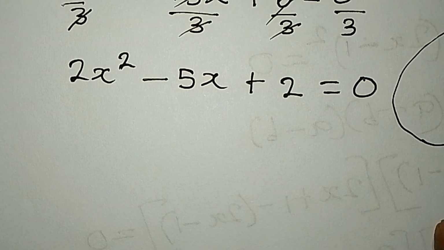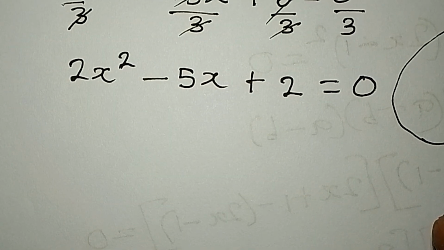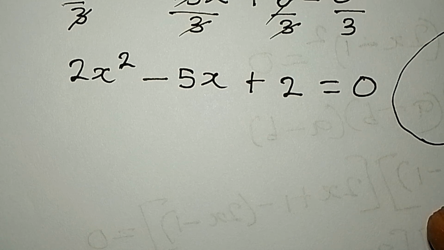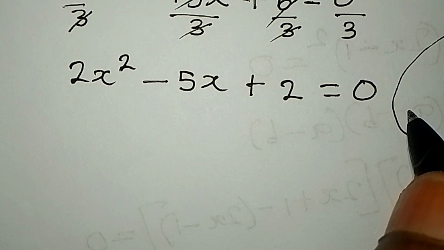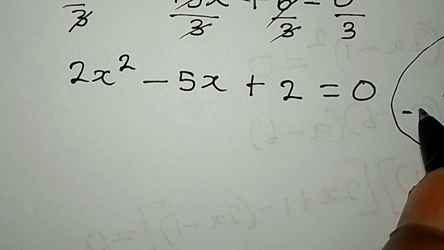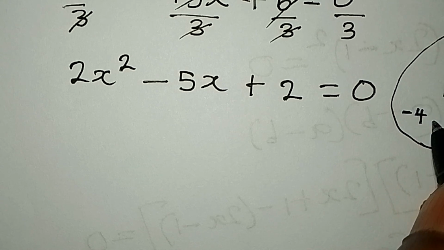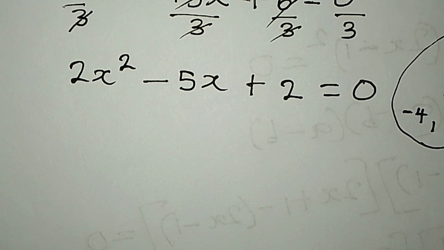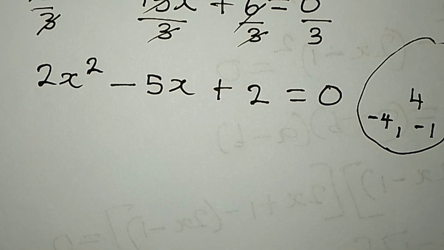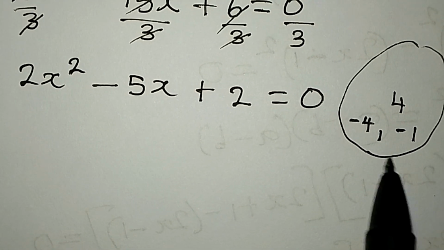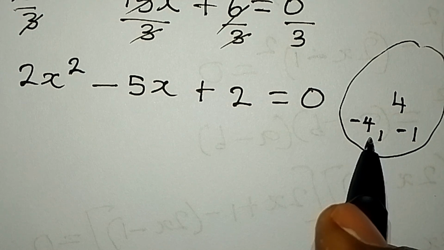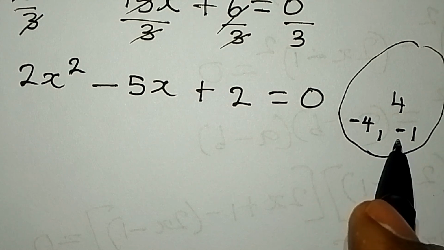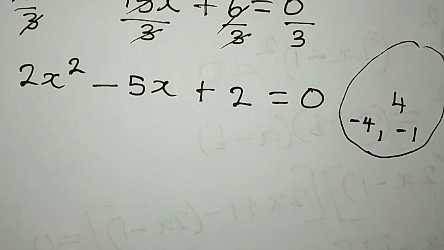So the question is, what two numbers do we multiply to get 4, and that we will put together to get minus 5? Two numbers will be minus 4 and minus 1, right? Minus 4 minus 1, because minus 4 times minus 1 will give us 4, and then minus 4 minus 1 will give us minus 5.